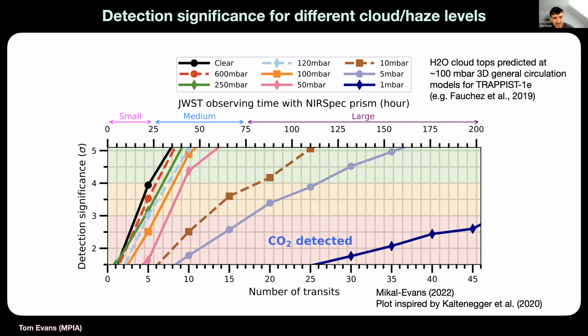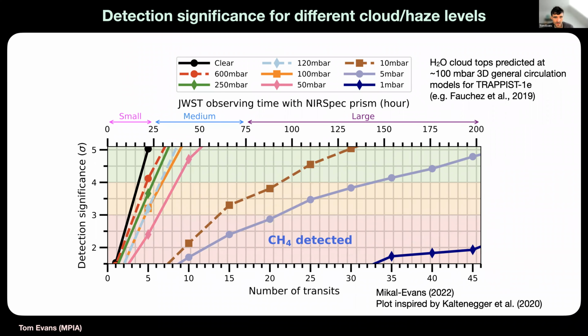However, we'd need a large program of more than 100 transits if there's cloud at 10 millibar or 5 millibar, whereas a cloud or haze layer at 1 millibar would prevent the detection of carbon dioxide, even if we co-added 200 transits. And the story is quite similar for methane, which is shown here.